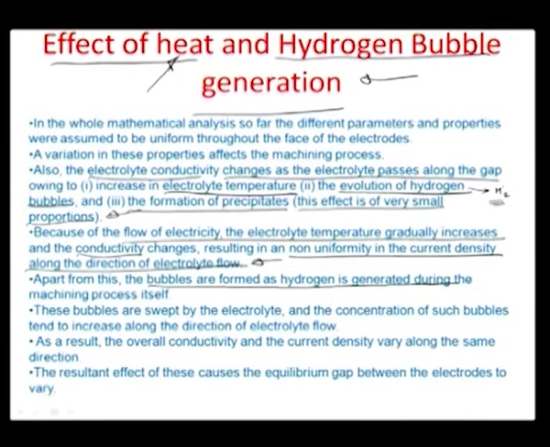Apart from this, bubbles are formed as hydrogen is generated. I already talked about it during the machining process. Another big problem is that, let us say, the hydrogen starts generating at the entry of the equilibrium gap. More hydrogen would be packed onto the flowing electrolyte as you go towards the end. So, there is a gradient even in hydrogen. Hydrogen is generated to begin with at the entry, and where will this bubble go?